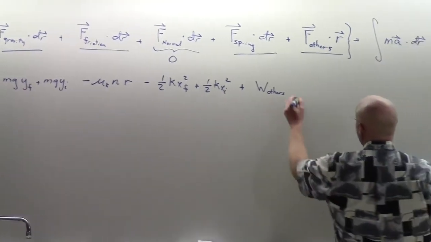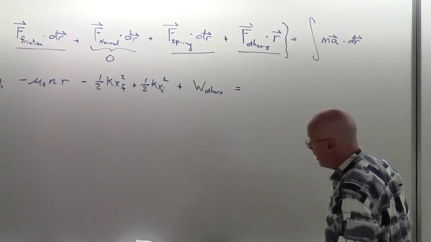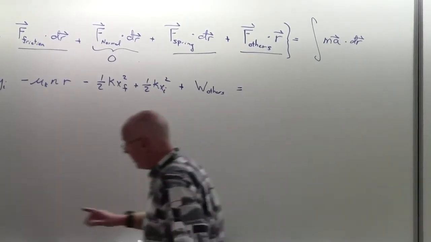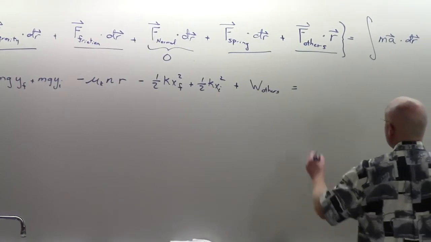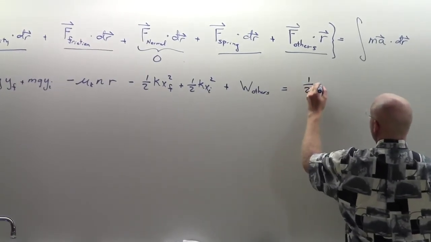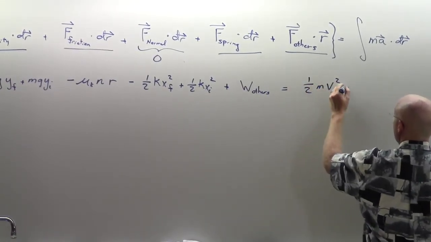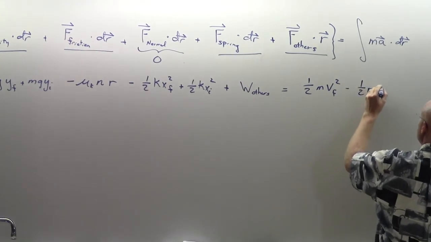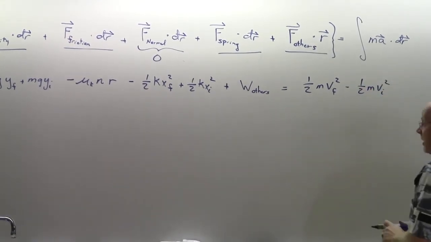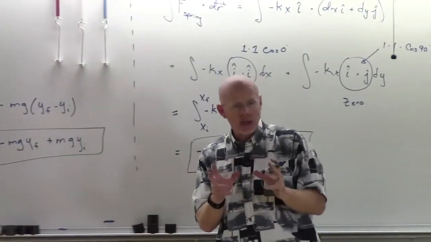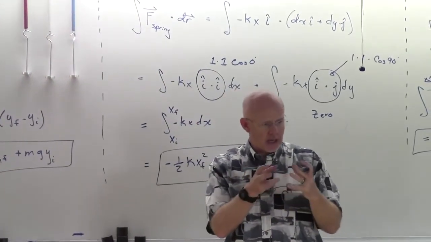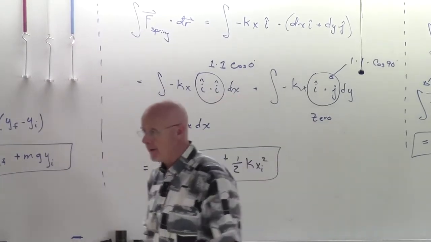And then this last one is what we're going to call the kinetic energy, 1/2 mv final squared minus 1/2 mv initial squared. And I know it looks pretty lengthy here, so let's rearrange it and put it in a form that we can kind of commit to memory.